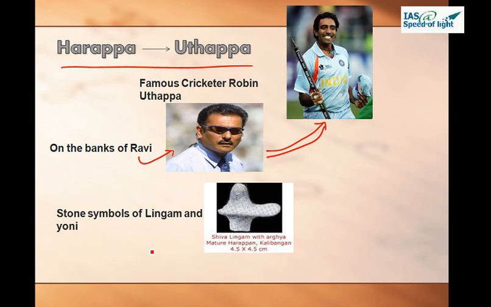This is the place where stone symbols of Lingam and Yoni have been found. So see yourself, whenever Robin Uthappa goes out to play cricket, he used to worship Lord Shiva Lingam.